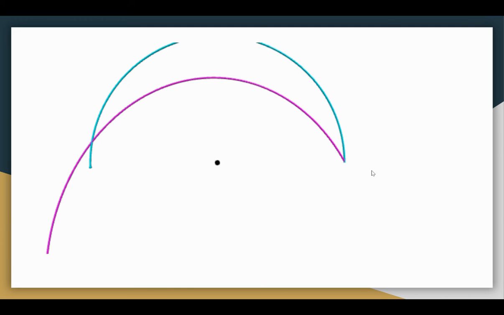As you can see, the ship, which is the purple line, never crashes into the black hole, nor does it crash into the planet, but it does get closer to the black hole.